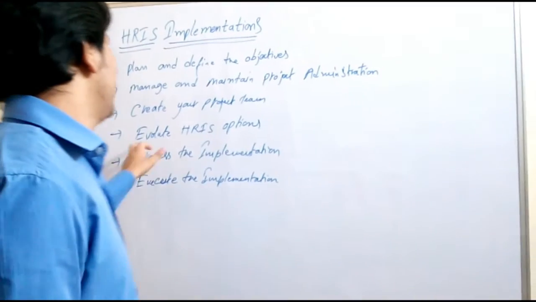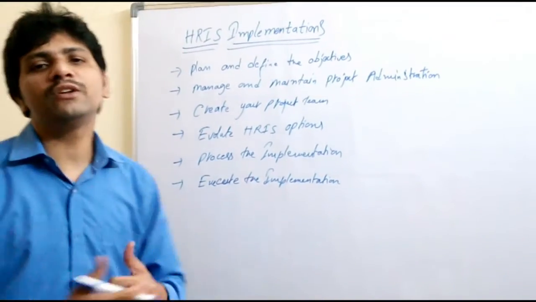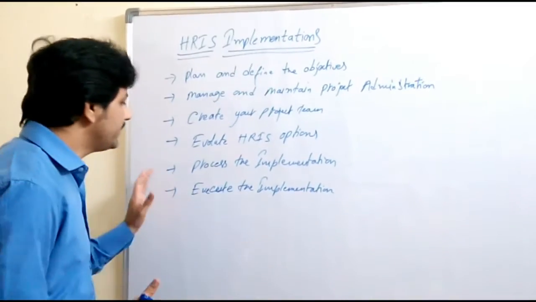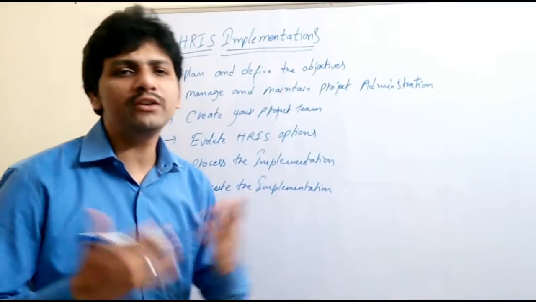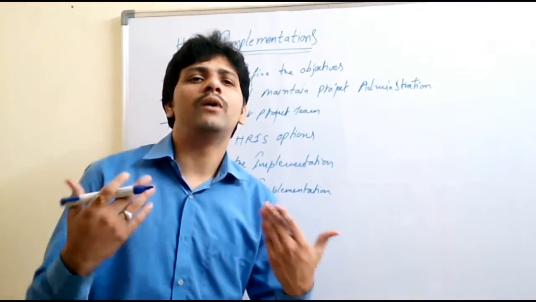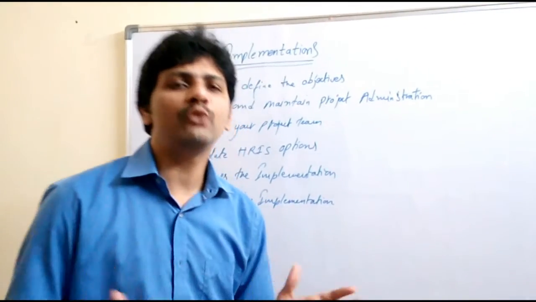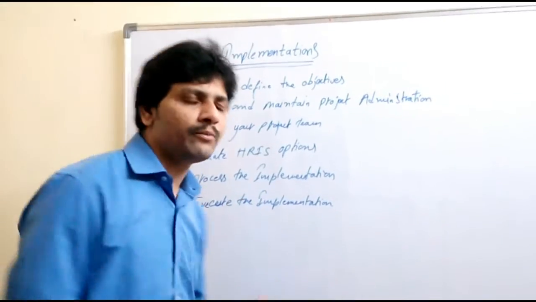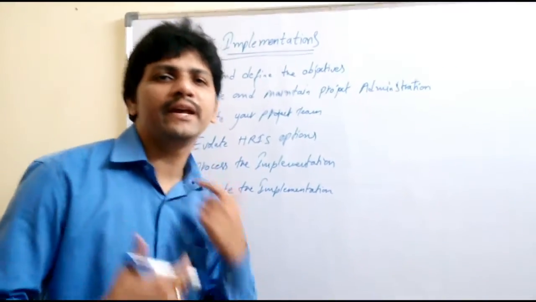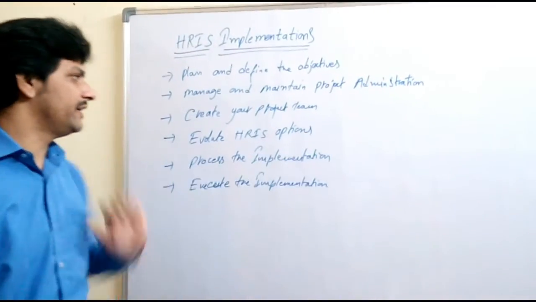After designing the complete HRIS, they give it to the process for implementation. They have to write the code for each and every form or module in the HRIS. There may be any number of modules, and each module is taken care of by a project team, as we understood in creating project teams.